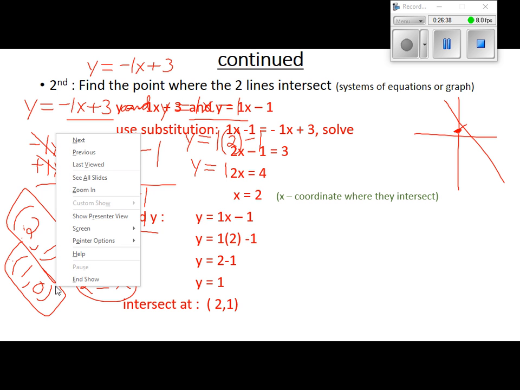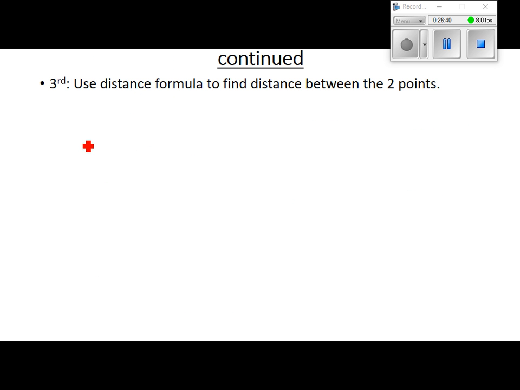We come up, yep, 2, 1. Just make sure that I'm not doing anything wrong. What were our 2 points? 2, 1 and 1, 0. Doesn't matter which order they're in. Is that what you guys told me? So 2, 1 and 1, 0, is that right?